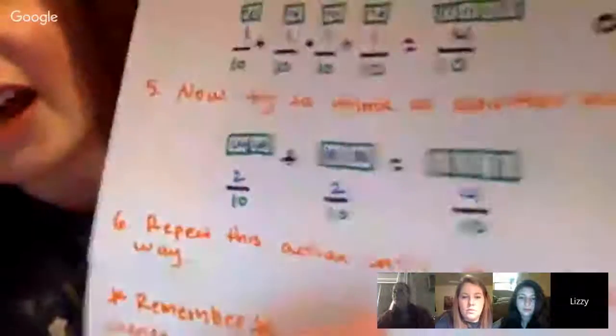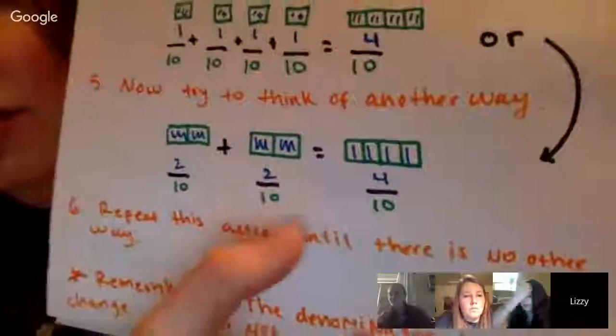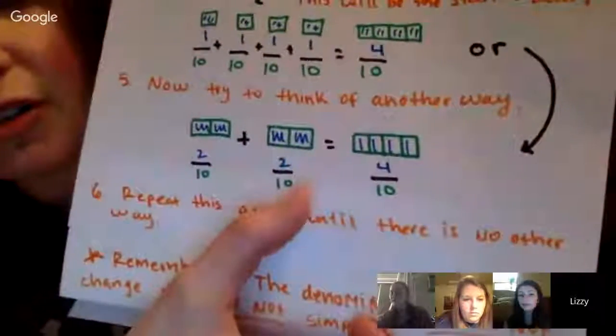As you can see, I have it right there, and I drew it out using the same colors, associating the denominator with them, and the numerator with the color too. Does anyone have another way that we could split up 4/10? 3/10 plus 1/10. Yeah, that's another way. When we draw it on the board, how would I do 3/10 plus 1/10? How many boxes would I do first? 3 boxes first.